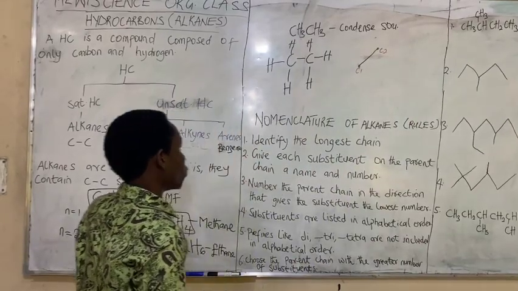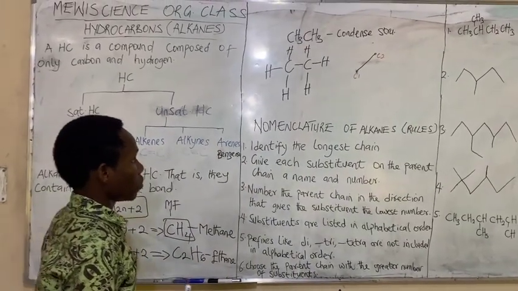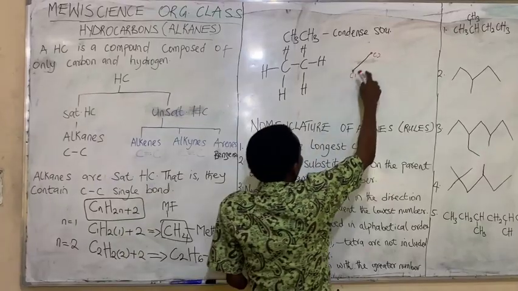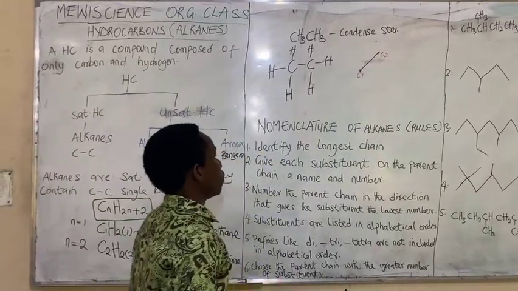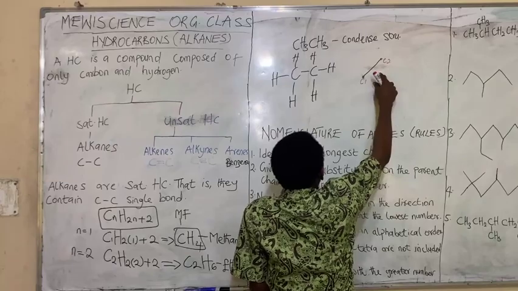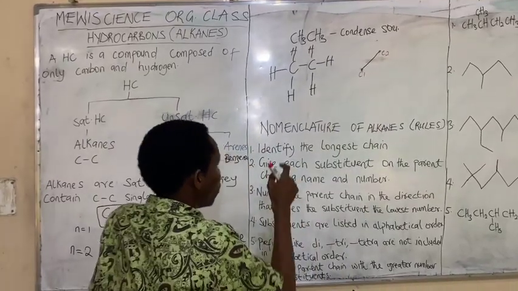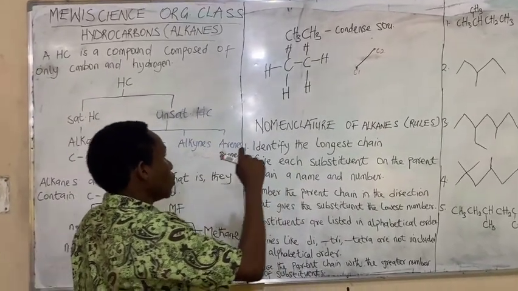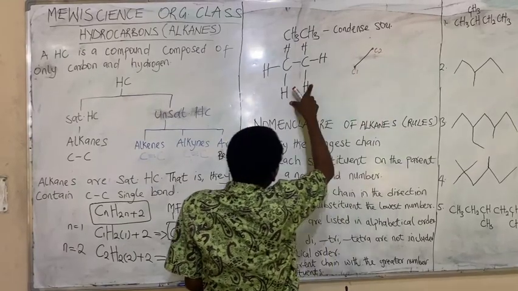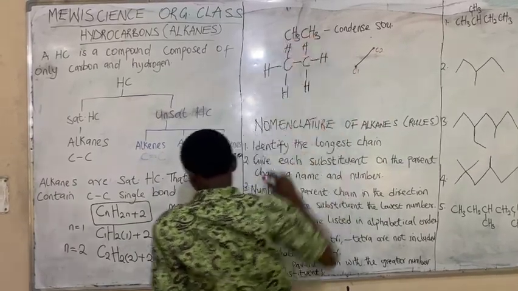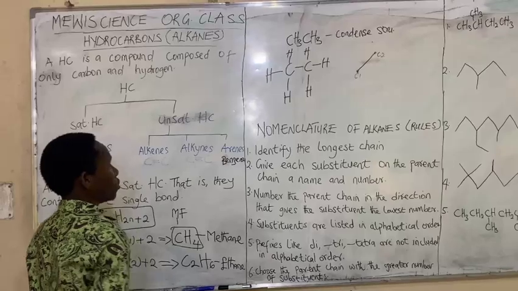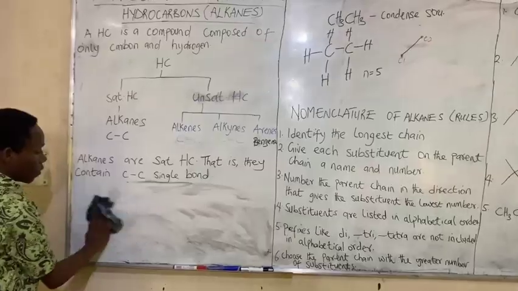This is what we call the line angle structure. So if you see this, know that you are talking about ethane. This is ethane, this is ethane, this is ethane, and this is also ethane. Alright.